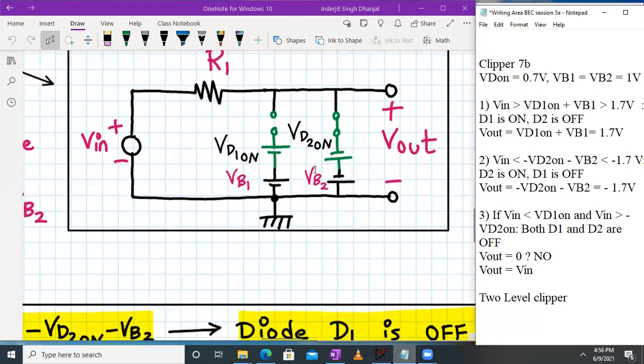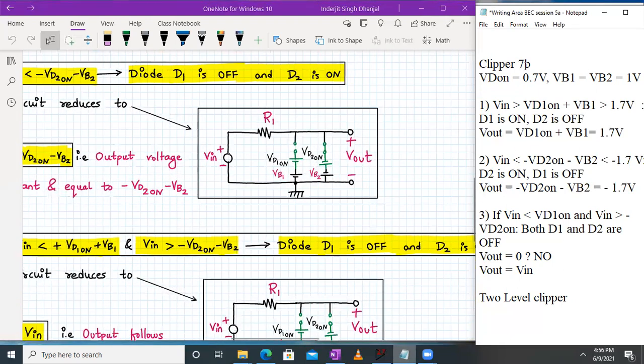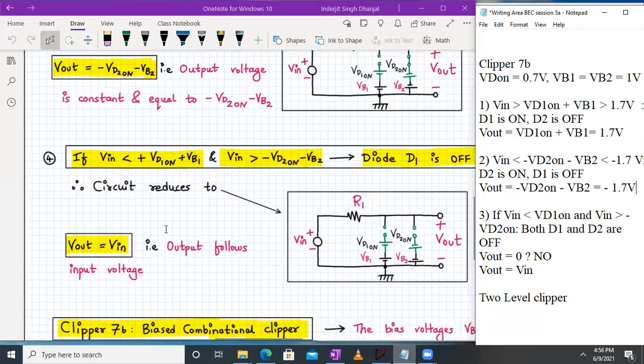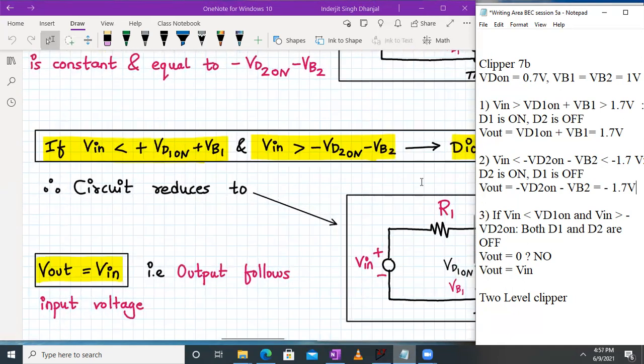And when will both the diodes be off, in between these conditions? If Vin is less than VD1 on plus VB1, and Vin is greater than minus VD2 on minus VB2, then both the diodes will be off. The condition is written over here, so I'm not writing that again.